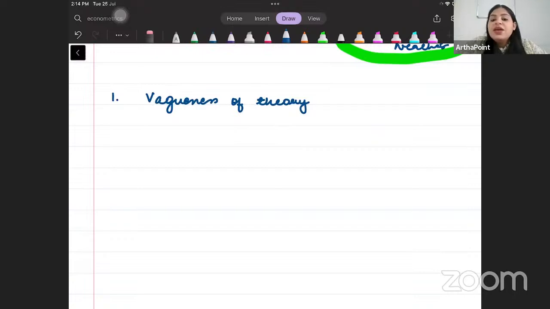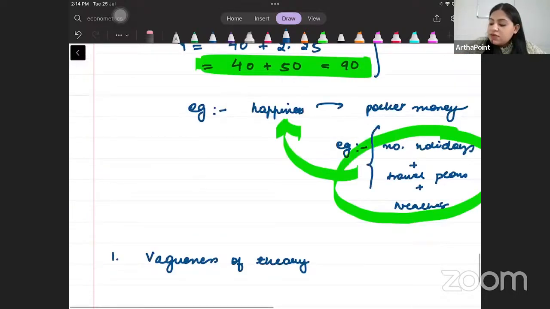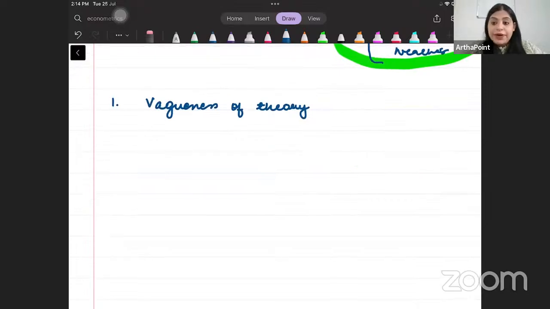Here, I didn't have the knowledge about the weather. I could not calculate the weather or the travel plans, but they are affecting my happiness. So for other variables which cannot be interpreted, the error term is important.